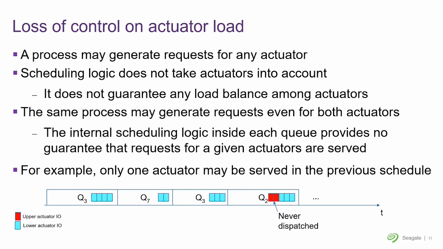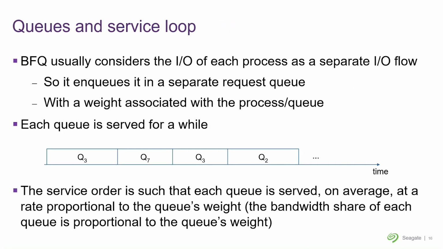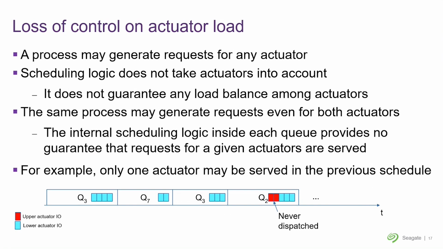So this isn't a strict ordering. There's a logic here, and it's looking at the bandwidth share of each queue proportional to the queue's weight. So now we have a problem. Let's say we have 2 actuators.